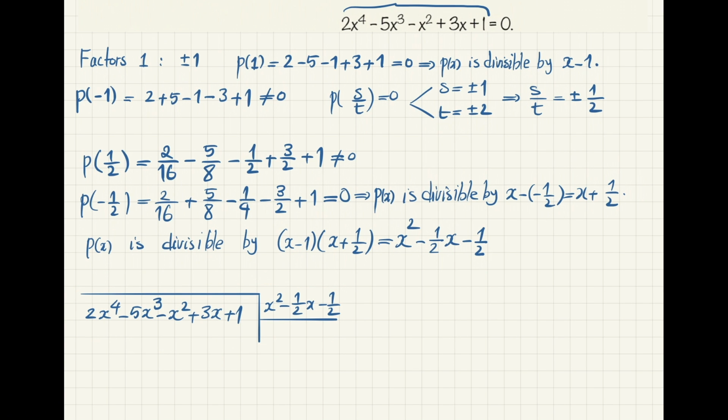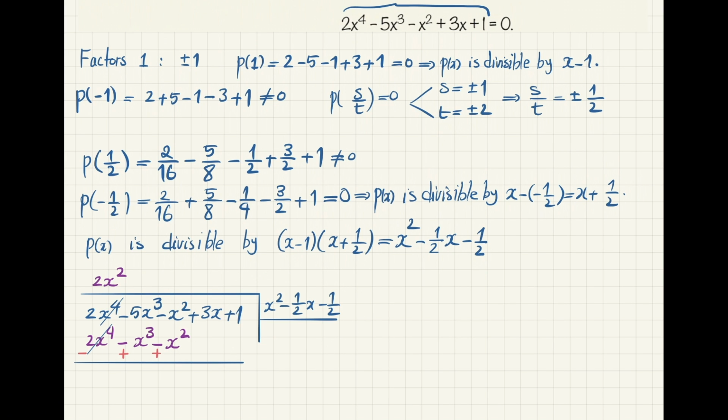So the first term divided by first term gives me 2x squared. Then I multiply it, it becomes 2x to the 4 minus x to the 3 minus x to the 2. Then I will change the signs. So this becomes negative, this becomes positive, this becomes positive, and then I add them. When I add them, this term and that term are cancelled.